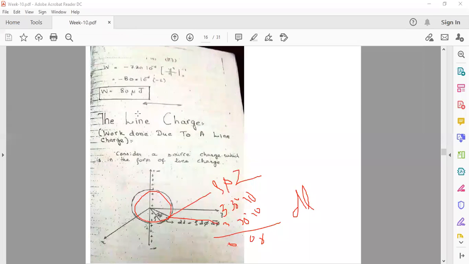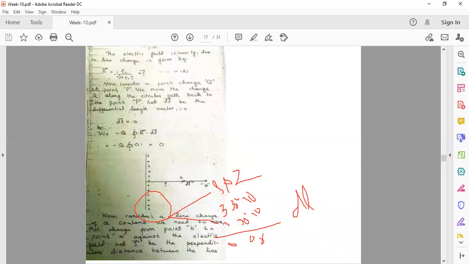So the work done, with E in the cylindrical coordinate system, is in terms of the line charges. Rho L is the line charge; the charge is distributed along the line. So E is rho L over 2 pi epsilon naught rho in the direction of a rho.